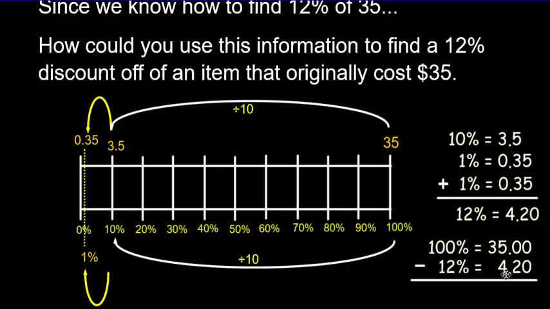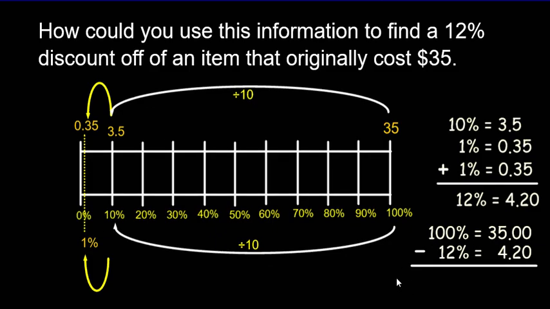And we subtract the corresponding value for 12%, which would be $4.20. And that will give us our answer. So if you have a 12% discount, once you find that 12%, you can subtract that from the original cost to get the sale price or discount price.